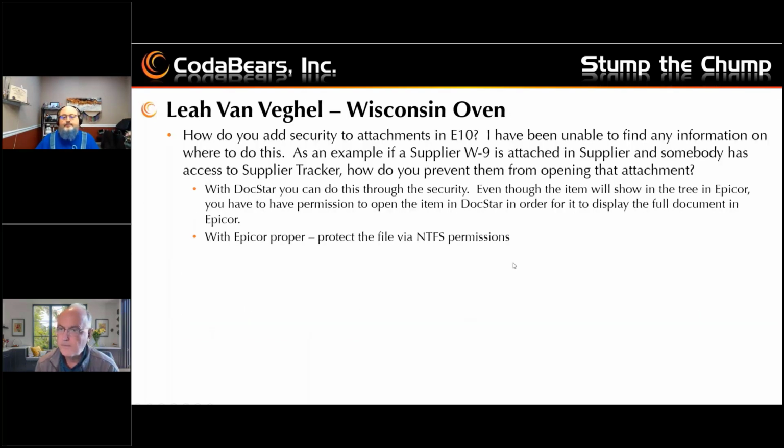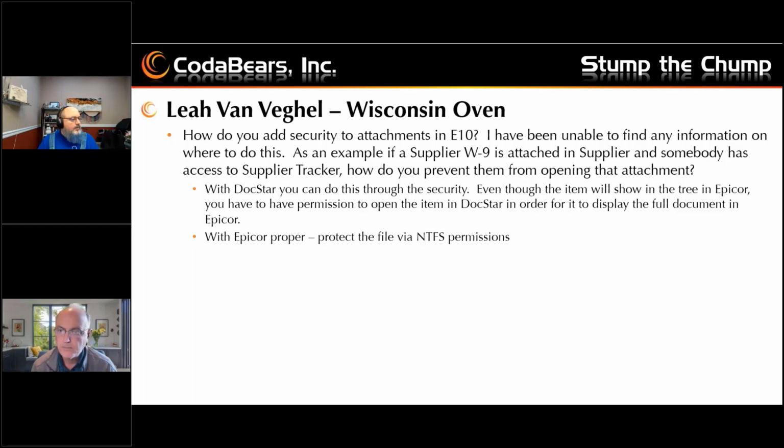Okay, Lee Van Vagel over at Wisconsin Oven. I think he asked this when Justin was doing his presentation with DocStar and ECM. How do I add security to attachments in E10? I've been unable to find where to do this. For example, if a supplier's W-9 is attached, she wants to be able to say only certain people can open that document up.